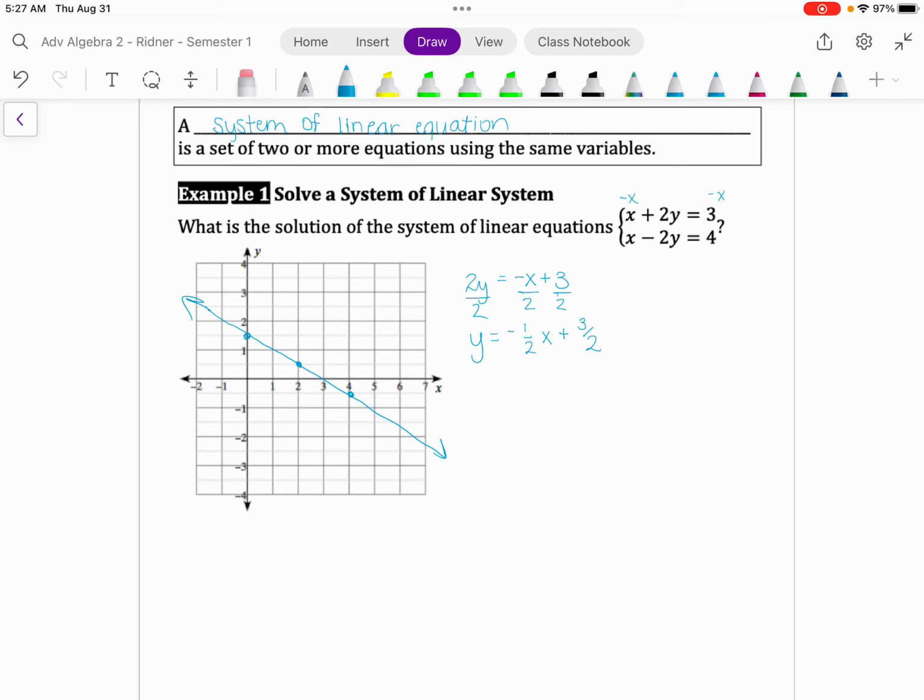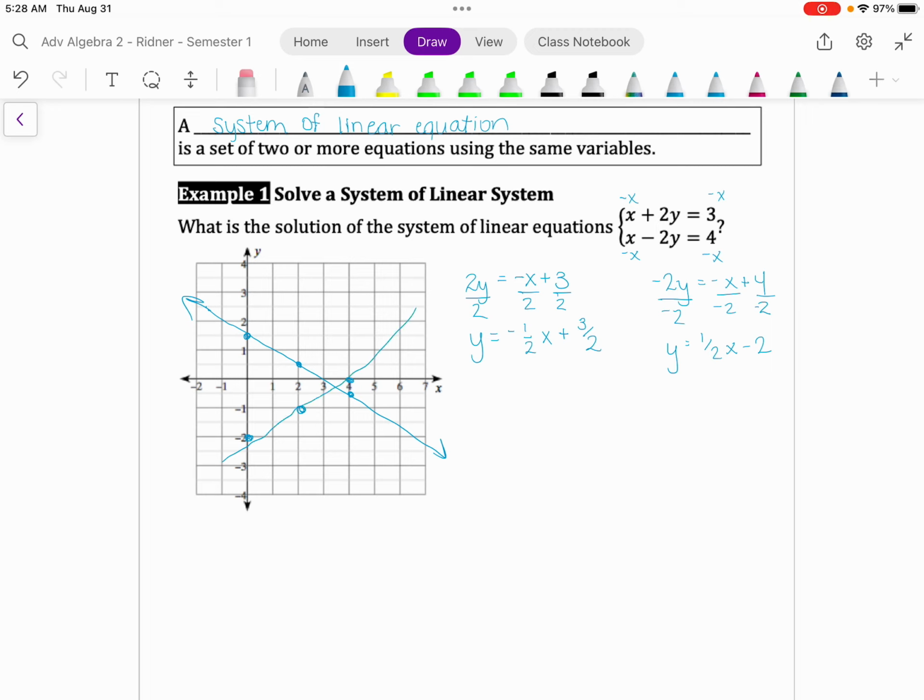Okay, I'm going to do the same thing for the next one, and divide by negative 2. Which means I'm going to start at negative 2, up 1 over 2, 1 over 2.